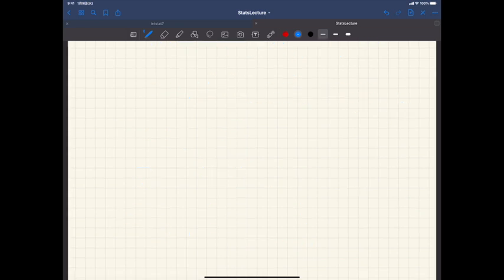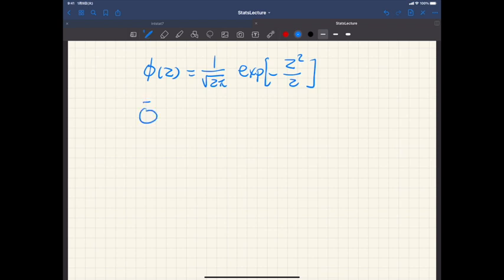Now, let's look at the same thing from a different angle. Let's say we have the density function for the standard normal distribution, that is exponential of negative z squared over 2. And let's define the cumulative distribution function for the standard normal distribution.